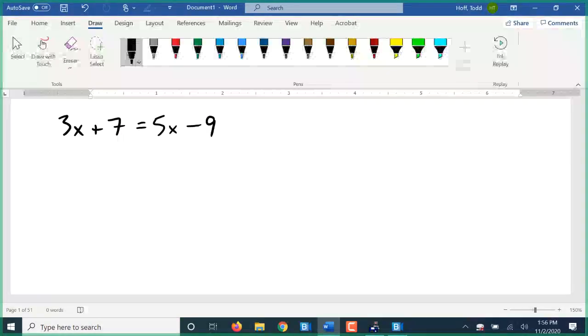So 3x plus 17 equals 5x plus 9. And that one. I'll give you a couple minutes to solve those, then we'll go through them.